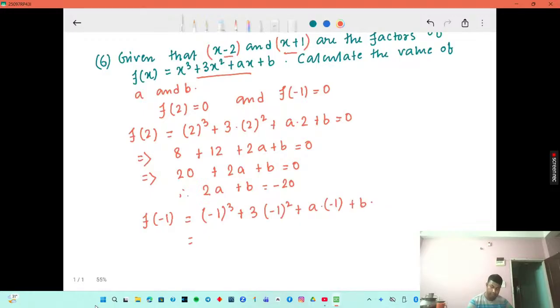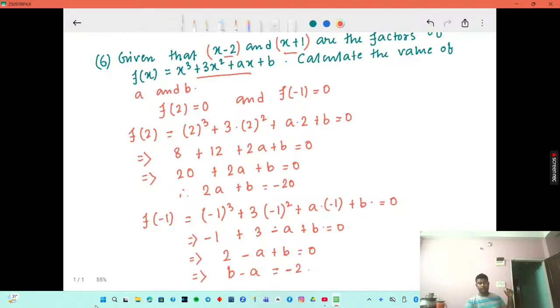Minus 1 whole cube is minus 1, plus minus 1 whole square is 1, and when we multiply it by 3 we get 3, minus a plus b is equal to 0, that is minus 1 plus 3 will be 2, minus a plus b is equal to 0. Therefore b minus a is equal to minus 2.